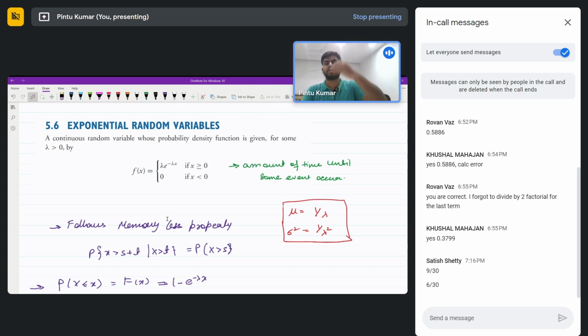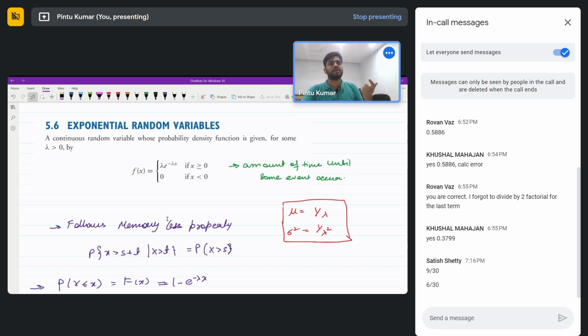So the exponential random variable gives you the probability of the gap between two customers. Let's say your first customer has arrived and you want to estimate the time after which the second customer will come. The exponential random variable gives you an estimate of the time after which your second customer would come.